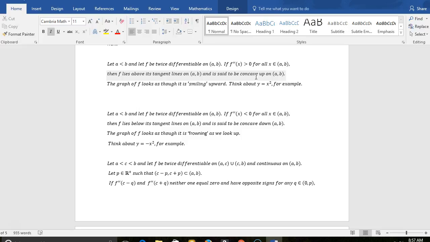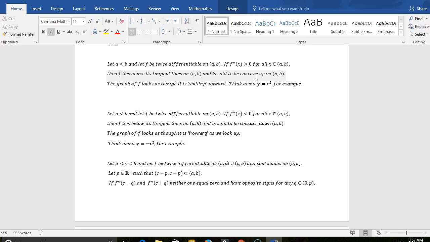Take the paradigm example, y equals x squared. Pick any point on the parabola and draw a tangent line. The parabola lies above that tangent line on the page, in 2D space. So y equals x squared lies above all of its tangents. That's what it really means to be concave up.